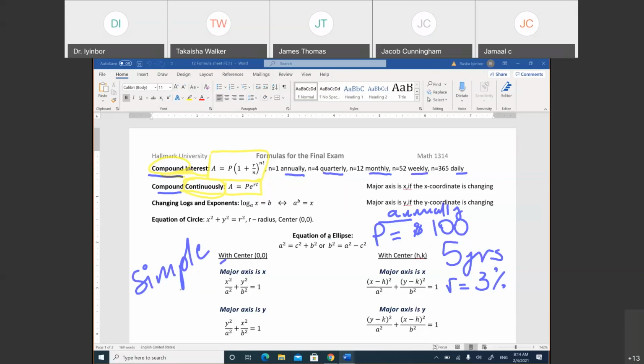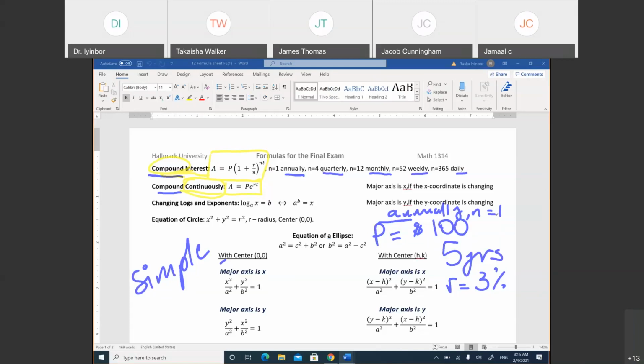Now, if you compound annually, n in this formula is going to be 1. If you compound quarterly, n is going to be 4. Quarterly means you calculate the interest every quarter and add it to the principal, which gives you more return than annually, right? Make sense?